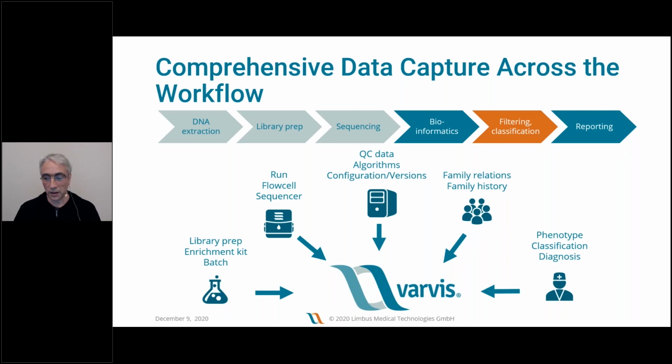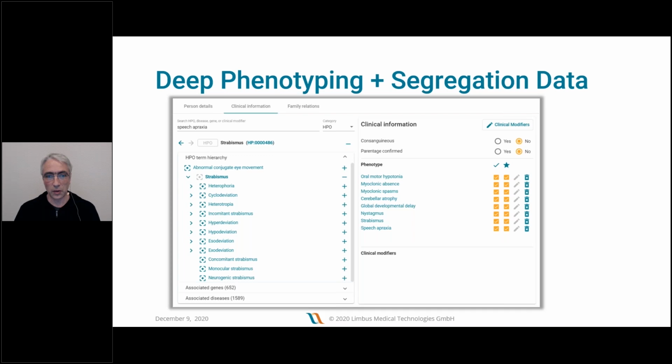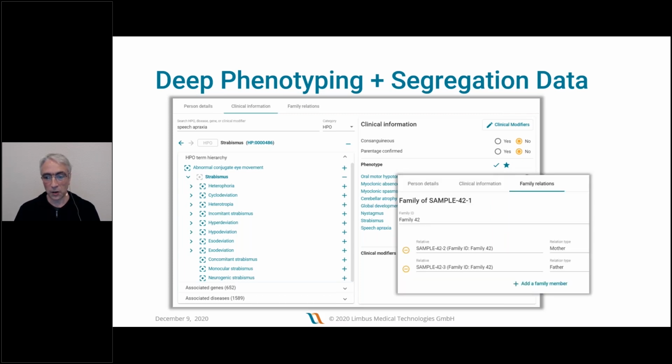In particular, the clinical information, the phenotype, is important and extremely helpful solving genomic cases. Varvis tries to help you as much as possible and facilitates the capture of phenotypic data, so you can navigate through the ontology, the human phenotype ontology, and select exactly those specific terms that are relevant for your patient. And you can also store family relations in the database.